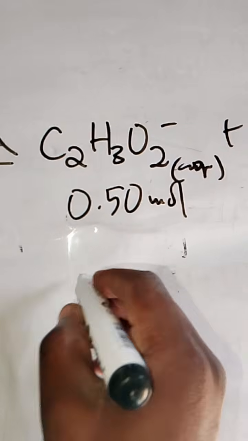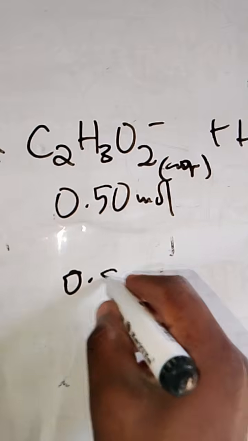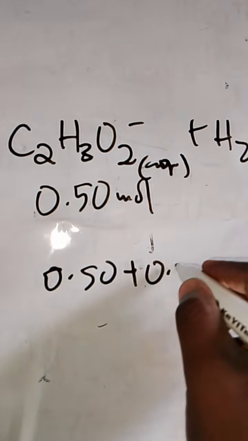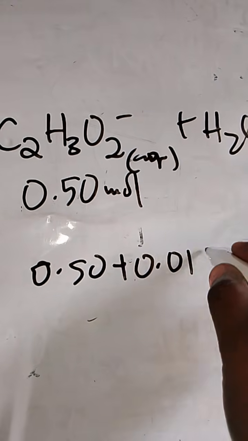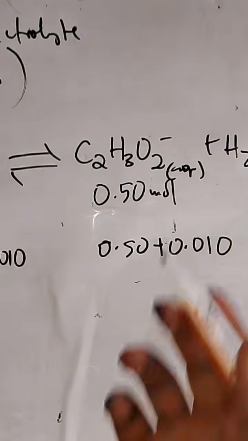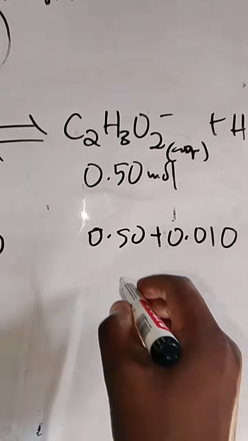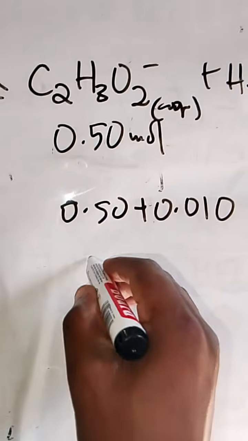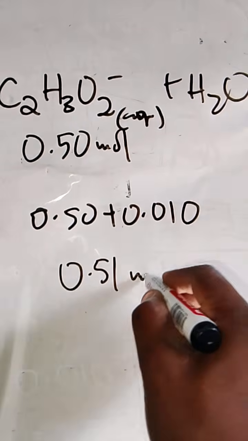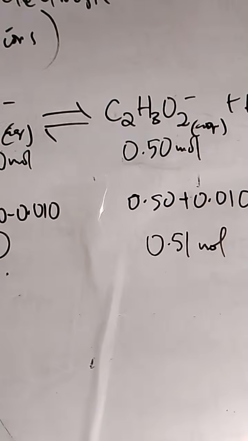Then for the conjugate base, it will be 0.50 plus 0.010. Since it is the conjugate base, it increases in concentration, so it goes to 0.51 moles.